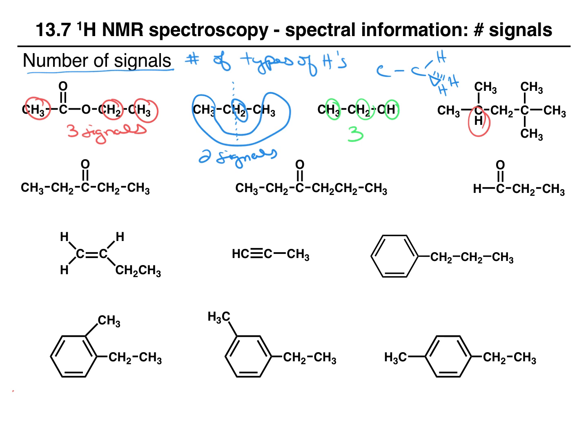Here we have a CH2 group. It is our only CH2 group, so that is also distinct and it gives a separate signal. Now we have two CH3 groups and three more CH3 groups.